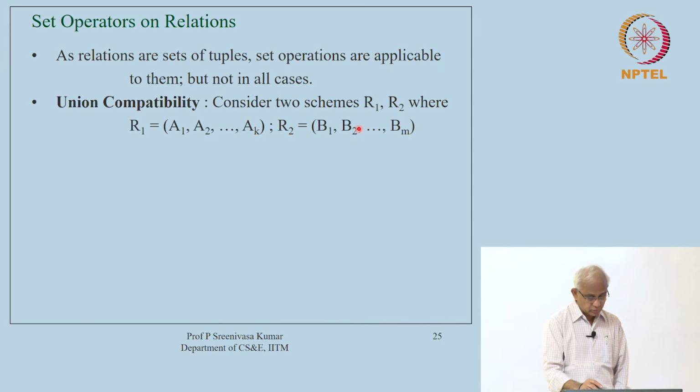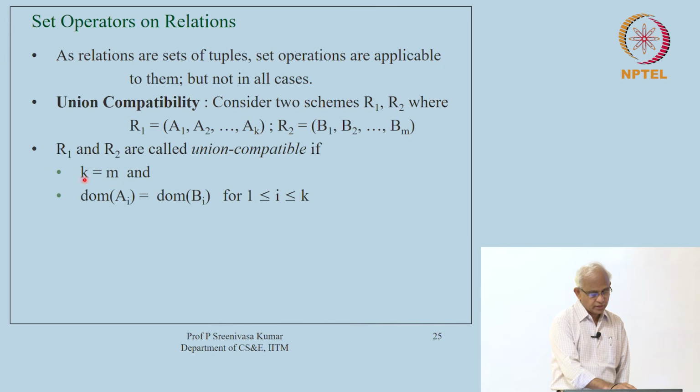Union compatibility basically says that K should be equal to M, that means there should be an equal number of attributes in both relations, and not only that, the domains of corresponding attributes should be the same. So, the domain of A1 should be equal to the domain of B1, the domain of A2 should be equal to the domain of B2, etc.